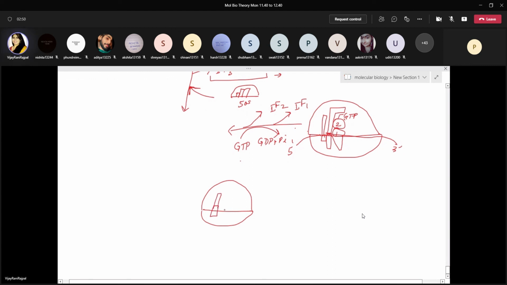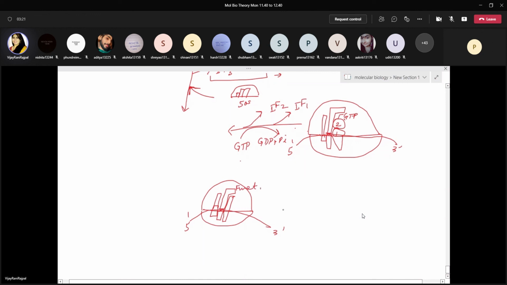On the P site you have your tRNA, and the A site is also empty. This is the A site. And here you have the tRNA carrying FMET. No initiation factors now, and you have mRNA, 5 end to 3 end. So this is FMET.